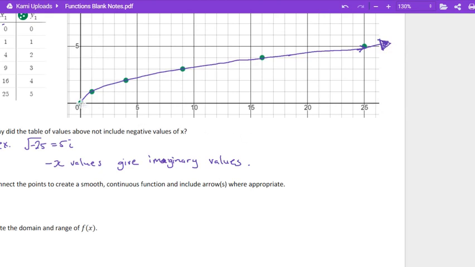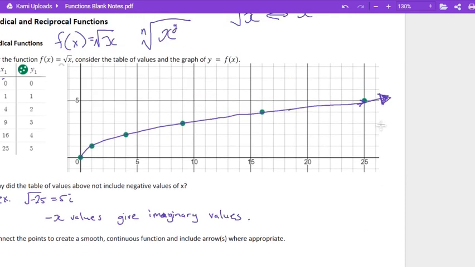The function does not continue into the negative x-axis. As such, there is no arrow at the 0. Okay, the function starts at x equals 0. And we call this a parent function. Okay, the parent function is like the basic function. After that, we start moving it and transforming it.